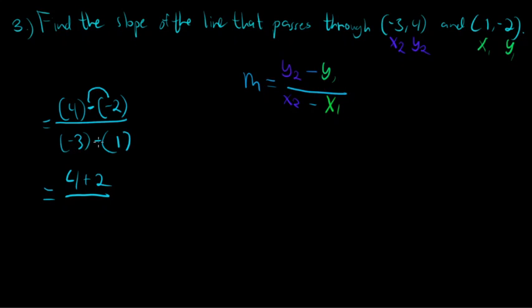Divided by negative 3 minus 1, which is the same as negative 4. Let's simplify up top. 4 plus 2 will give us 6. Then divided by negative 4. Let's simplify that further. 6 divided by negative 4 will be negative 3 halves. That will be the slope of the line that passes through (-3, 4) and (1, -2).